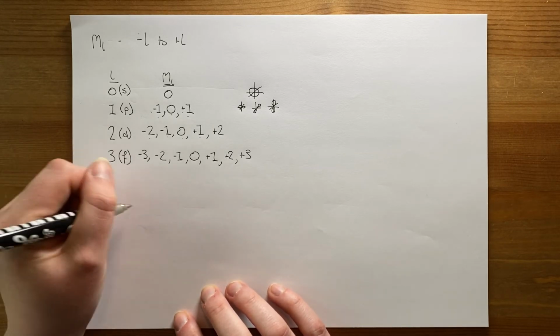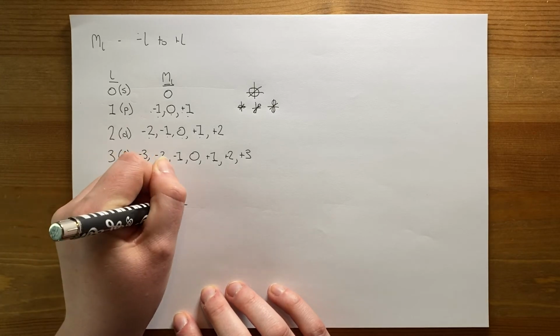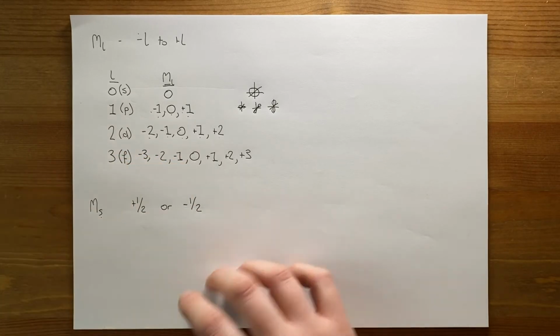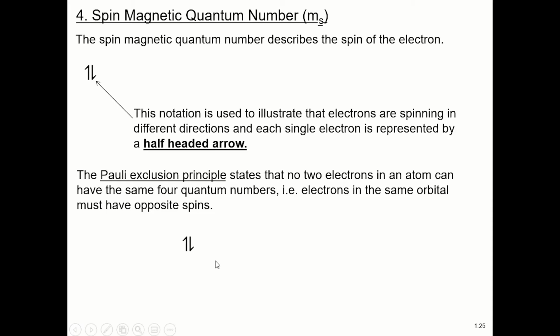And that is only ever going to have a value of +1/2 or -1/2. And if we have a look at the slide just now, you'll see halfway down it says about something called the Pauli exclusion principle. Now you need to be aware of this, you need to know this. And the Pauli exclusion principle states that no 2 electrons can have the same 4 quantum numbers.